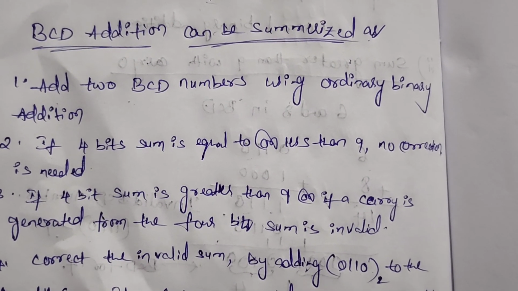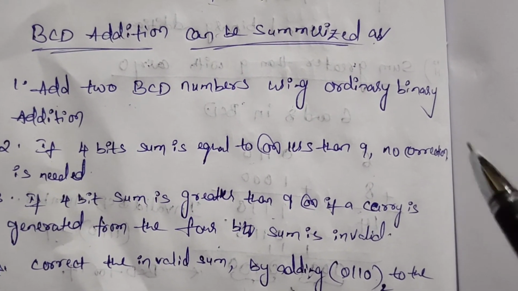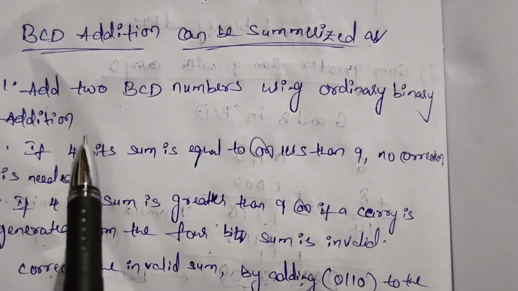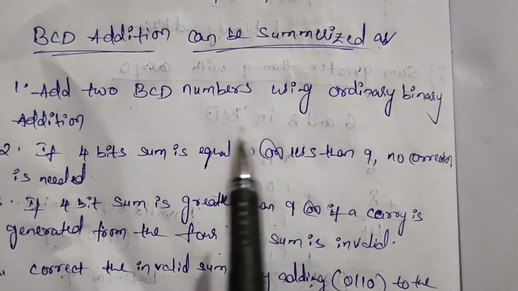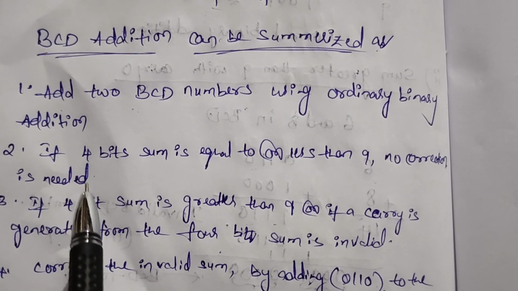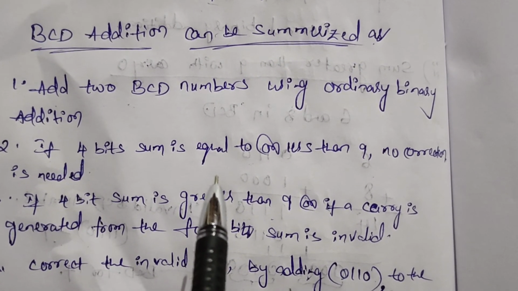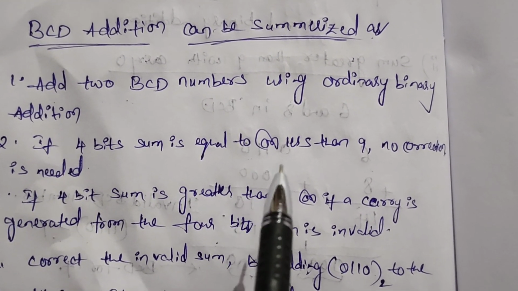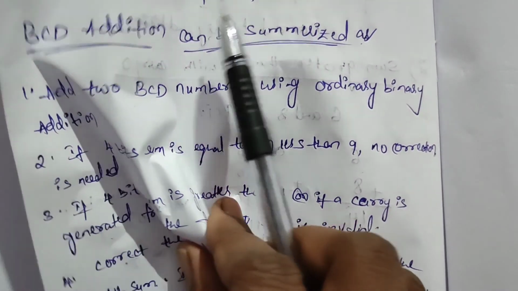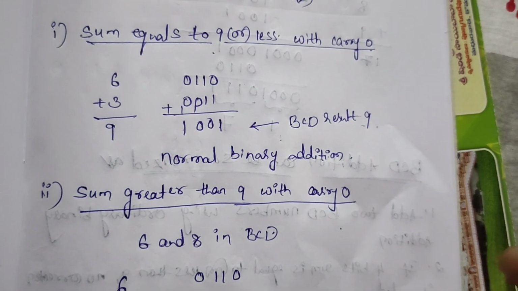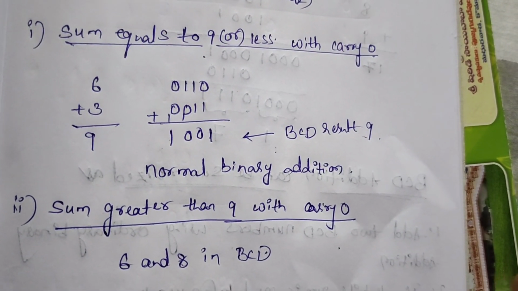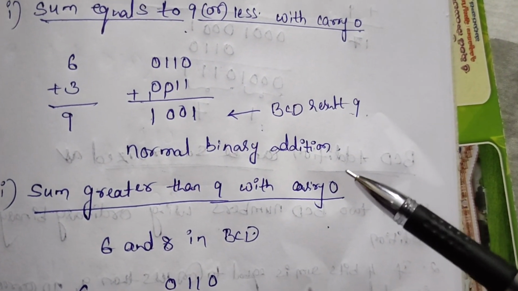From the above three cases, BCD addition can be summarized as: add the two BCD numbers using ordinary binary addition. If the 4 bit sum is equal to or less than 9, no correction is needed. Like in the first case, the sum is 9 and no carry, so no correction is required.